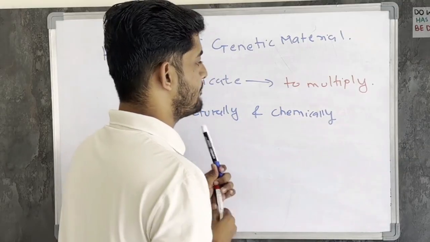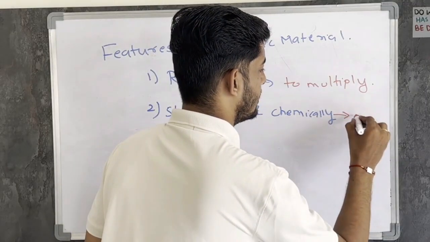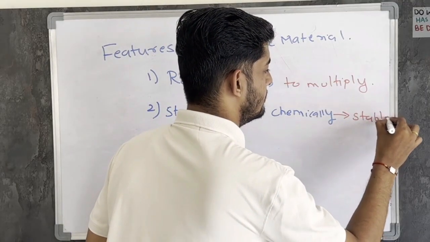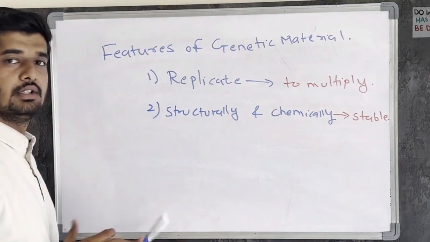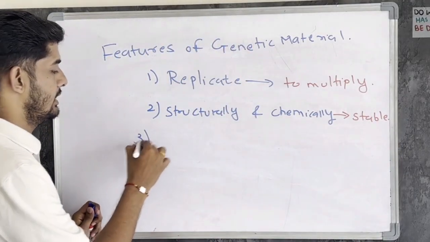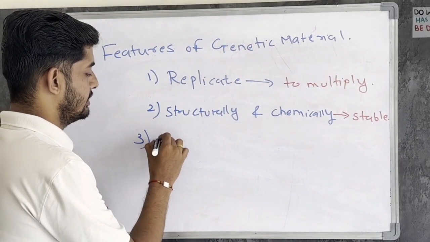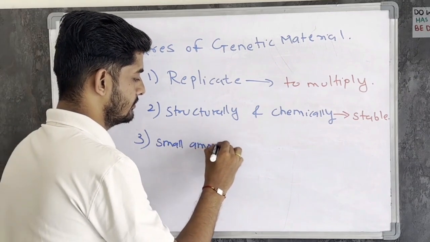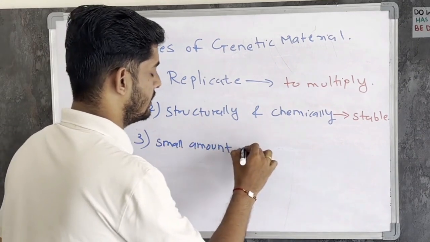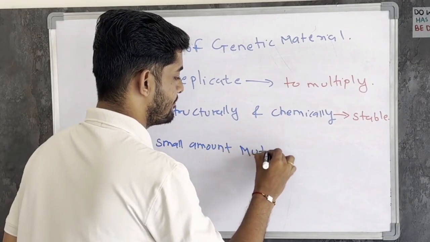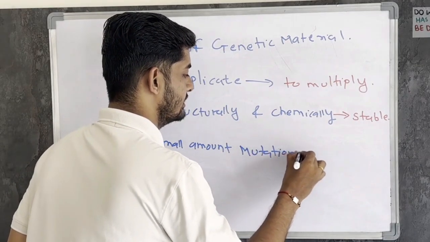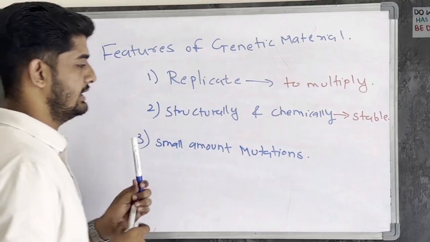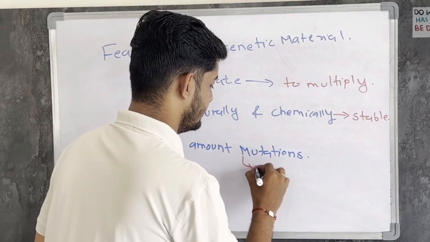Chemically it should be stable. The third property is that the genetic material should allow a small amount of mutations in it. What are these mutations? They are sudden heritable changes.